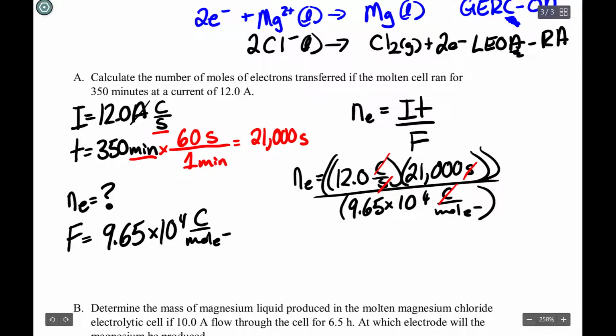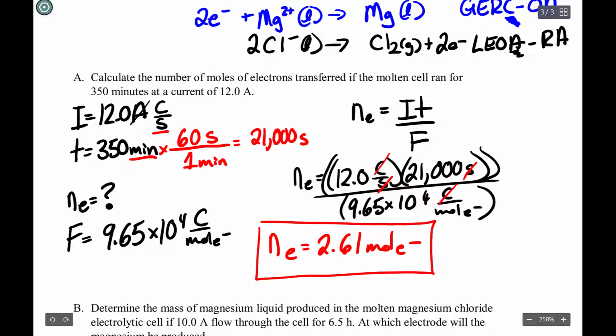I'm left with 1 over moles of electrons, which will invert. And so the moles of electrons would be equal to 2.61 moles of electrons. There we go.